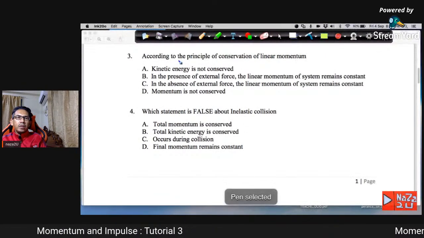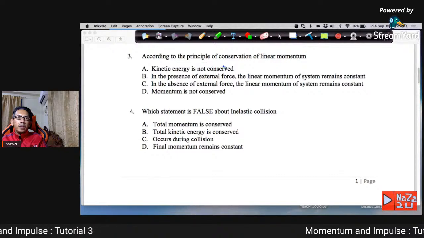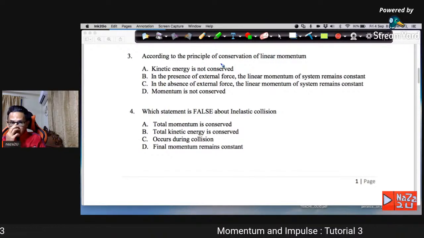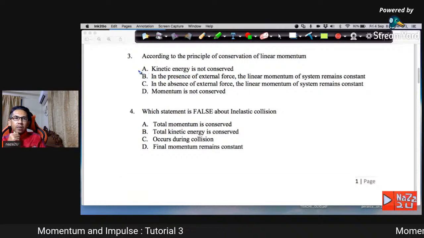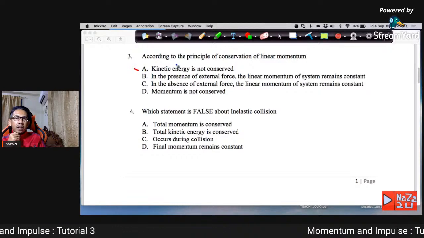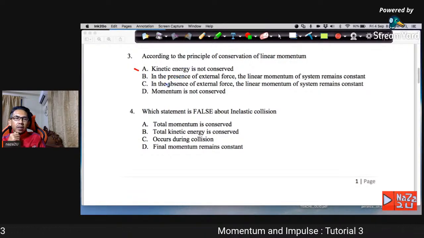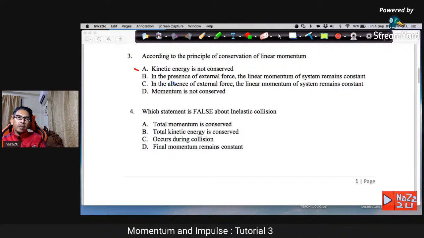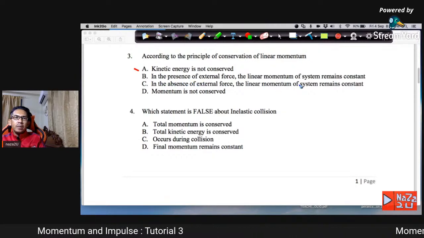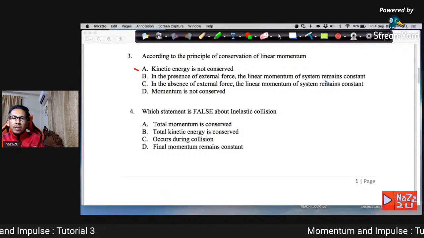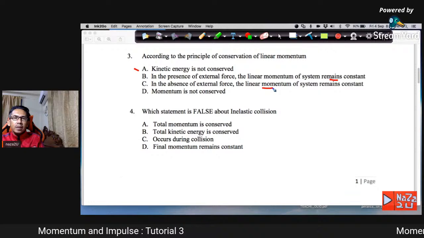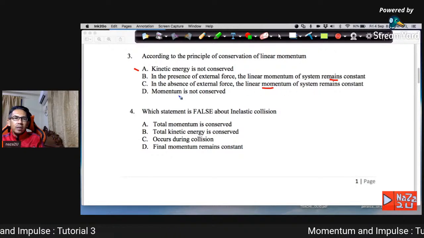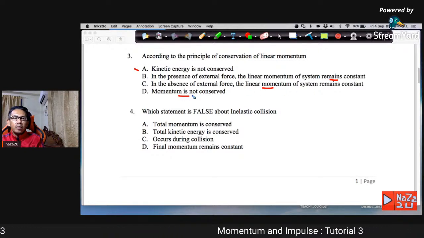Question number 3. According to the principle of conservation of linear momentum, kinetic energy is not conserved in the presence of external force. Linear momentum of a system remains constant in the absence of external force, and momentum is not conserved.